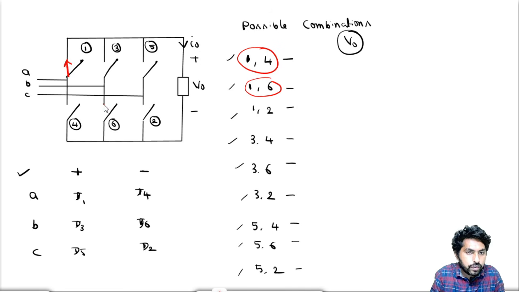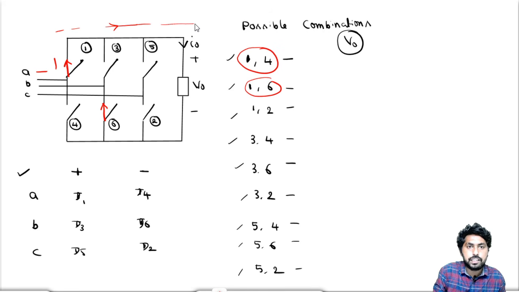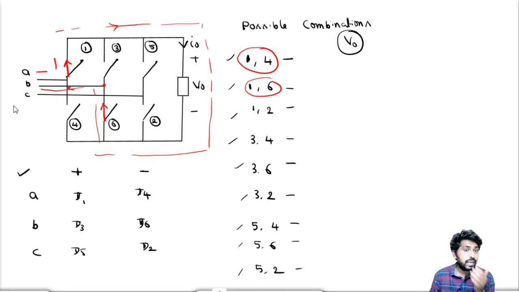The current direction will be like this, which is the same as the assumed direction, so I naught is positive. So when switches 1 and 6 are on, what is the output voltage?